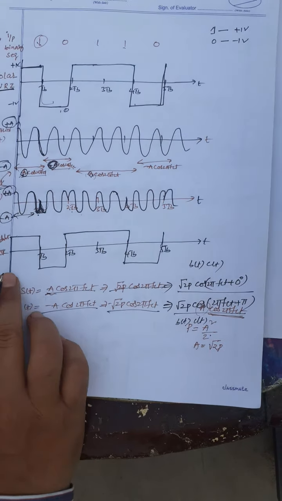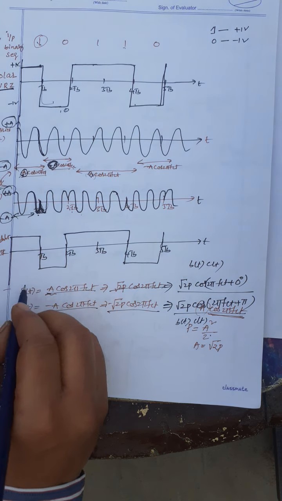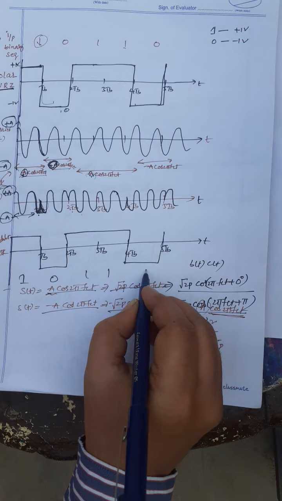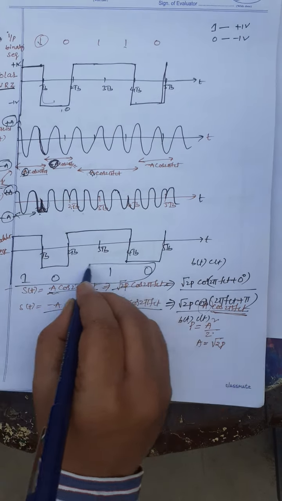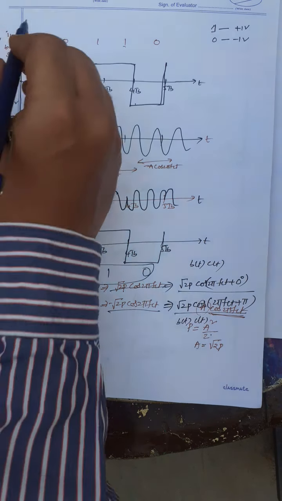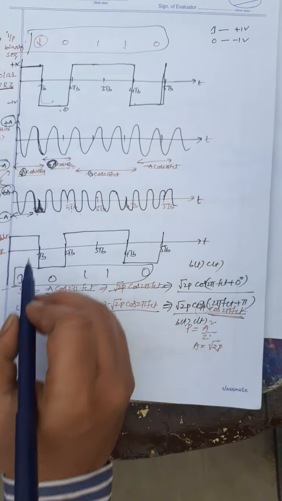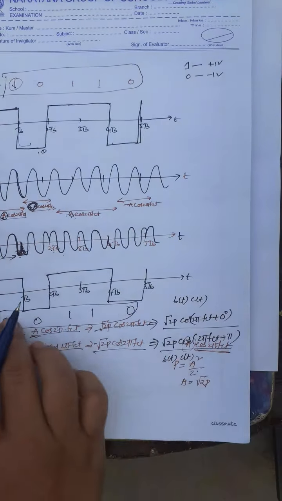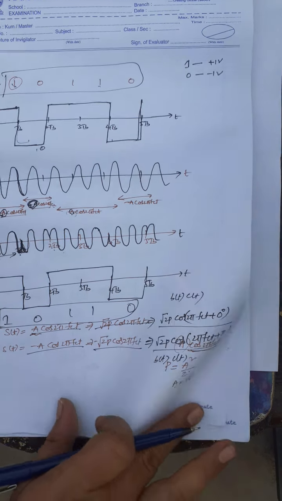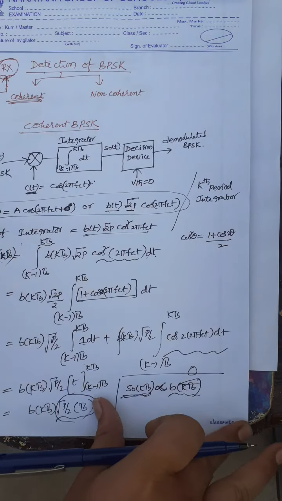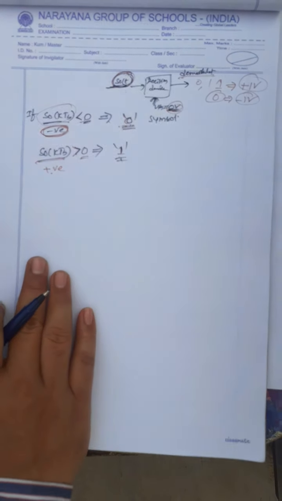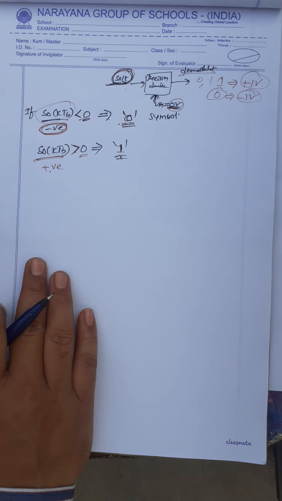Now this is the demodulation waveform. So here I am getting 1, 0, 1, 1, 0. This is the same information that we transmitted. The same information is received at the receiver. Right? This is the operation of BPSK, modulation and demodulation. I hope all of you are clear.